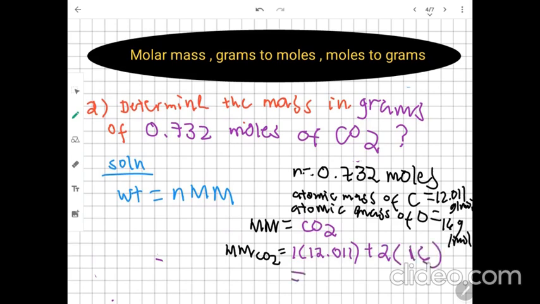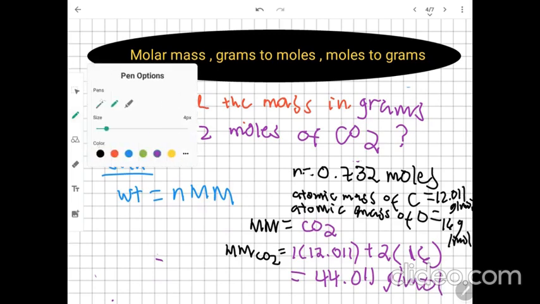So if we calculate this, that is 1 times 12.011 plus 2 times 16. Okay, so the answer here is 44.011 and the unit is grams per mole. Take note, this is your molar mass and not the weight that we're going to determine.